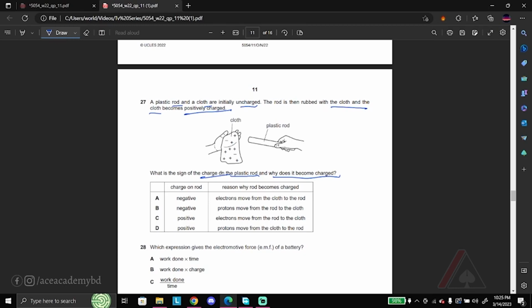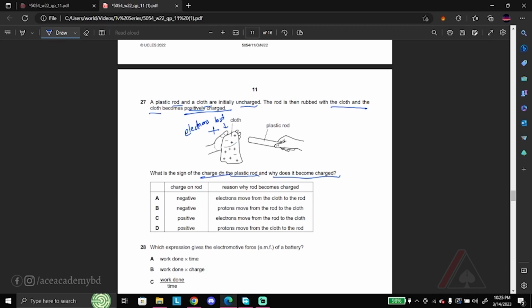Okay, so it says the cloth becomes positively charged. So the cloth is positively charged when it's rubbed against the rod. If this is positively charged, that means electrons are lost from the cloth. Since they're lost, they have to be gained by some other object.